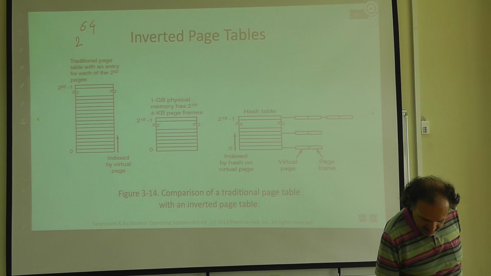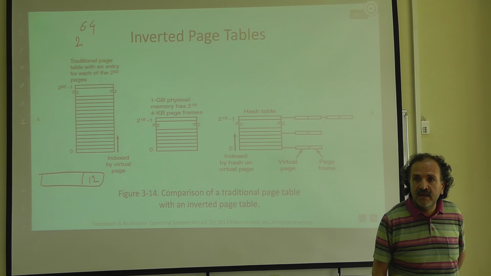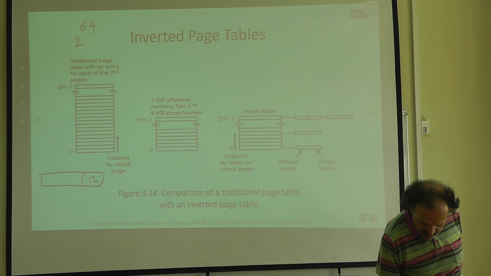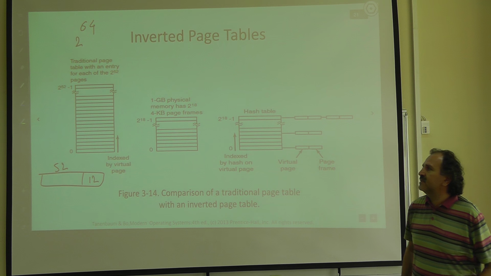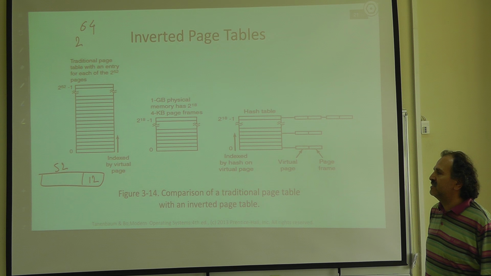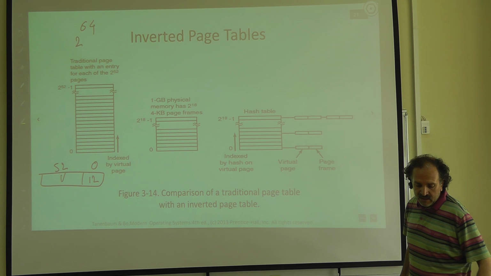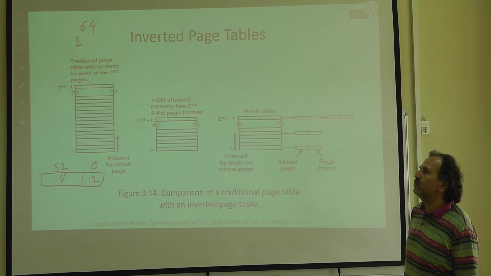Because in this 64-bit address, 12 bits are for the page offset. The rest, the 52 bits, would be my virtual address V. So the V part would be 52 bits, and the offset part would be 12 bits. That's why my page table would be this large, 2 to the power 52. Very, very big.